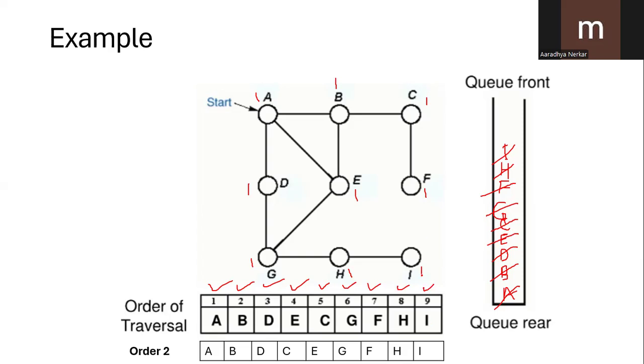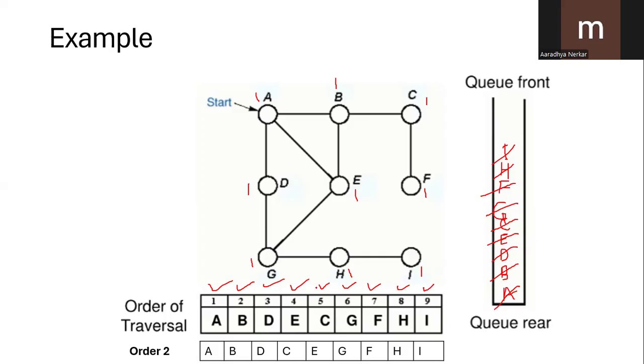There is nothing remaining, and there is nothing in the queue. So stop the process. So this particular ordering is one of the outputs. As I told you, the output or the sequence depends on the order in which you are inserting the elements.